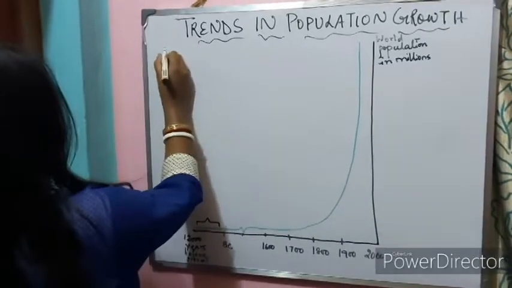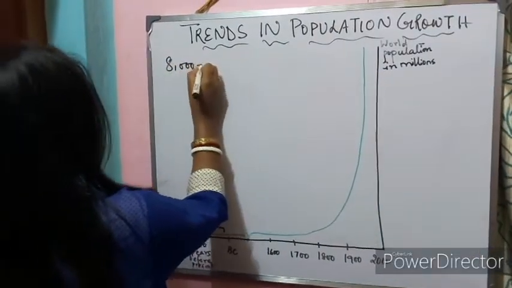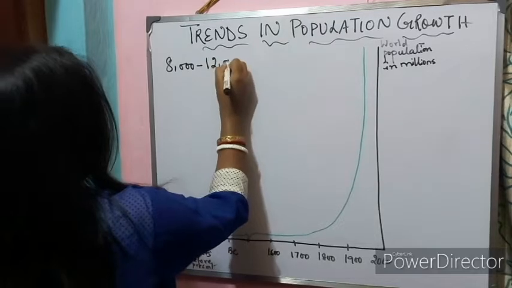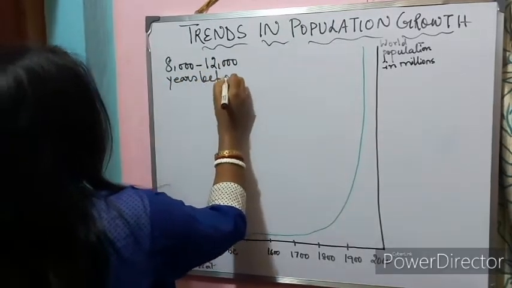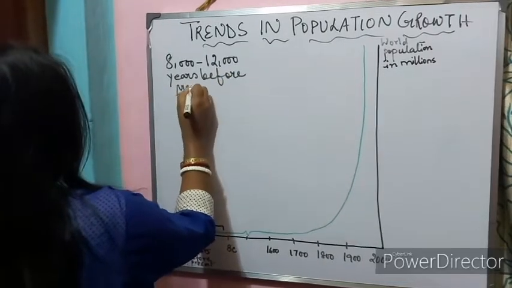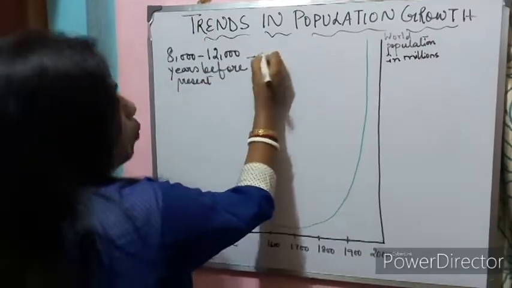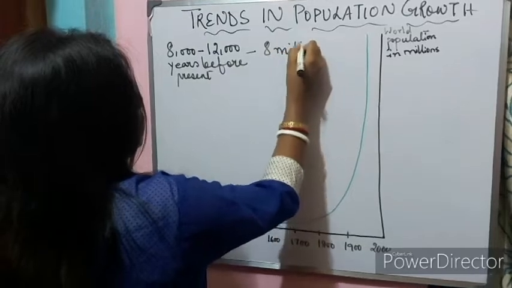Between 8,000 and 12,000 years before present, the population was 8 million.